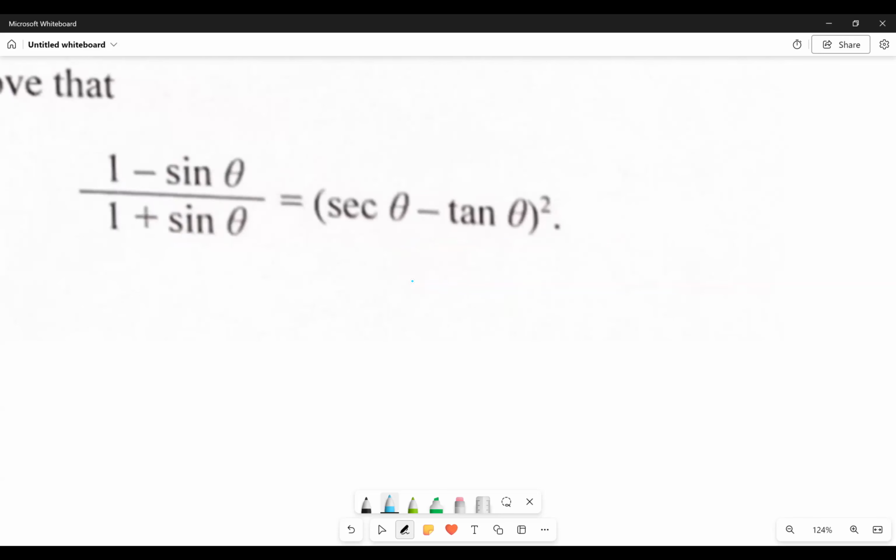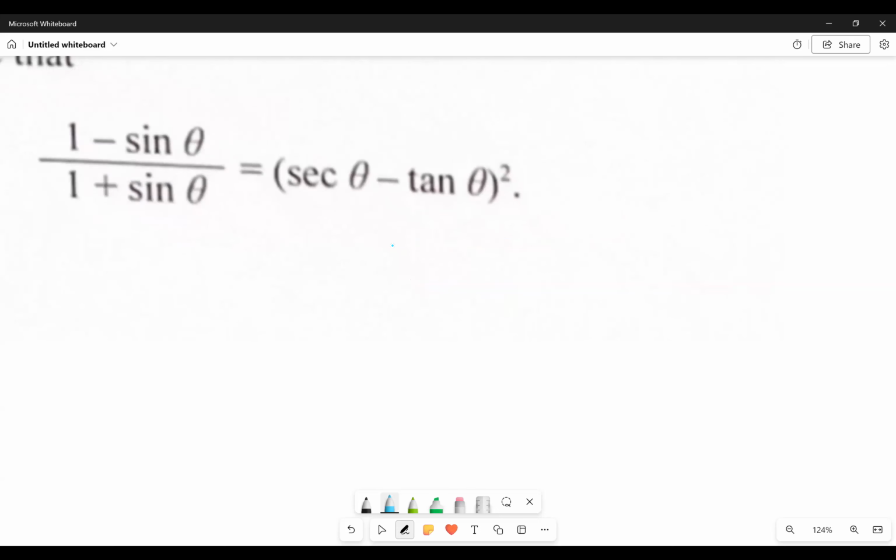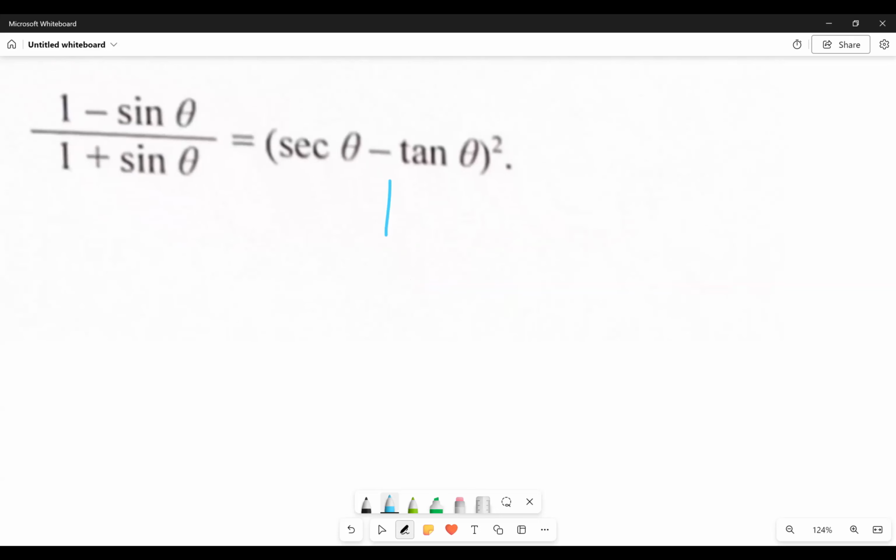So to do that, we're going to start with the right-hand side. And we're going to go by changing this to 1. The first step is that we look at the left-hand side, realize that there's no tans, there's no secs, there's no any of that. There's only sines and cosines.